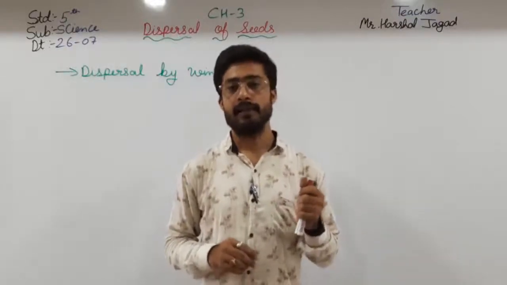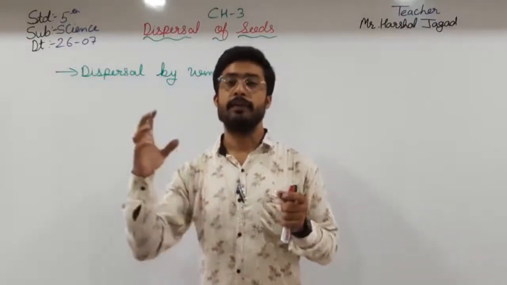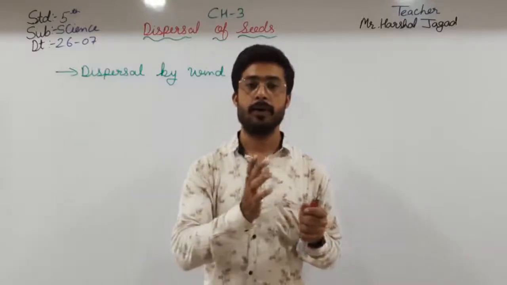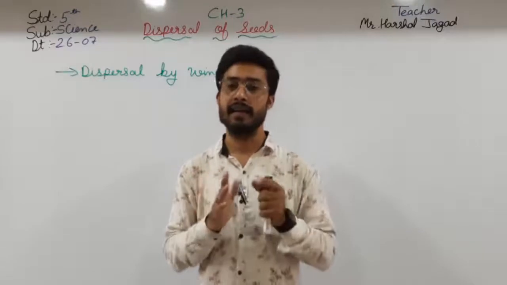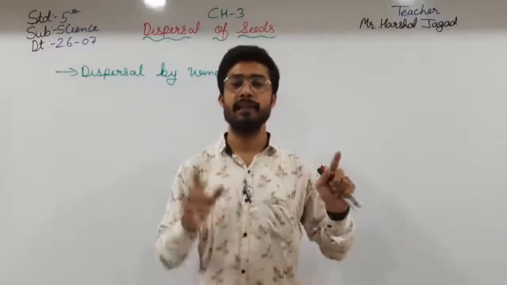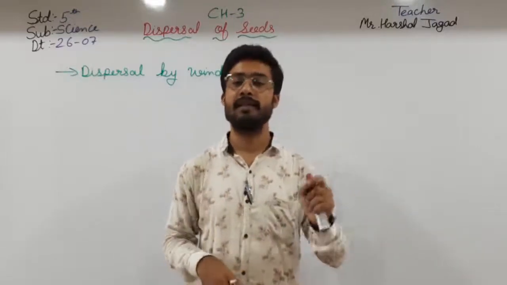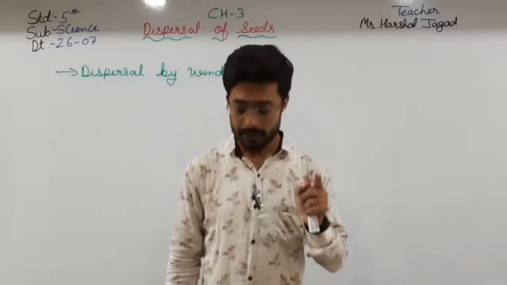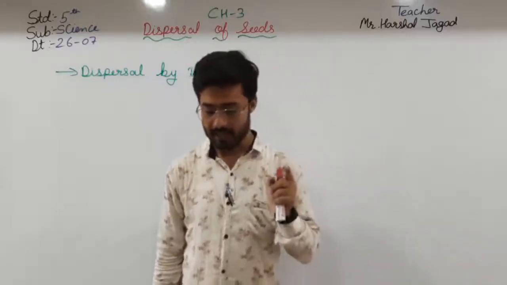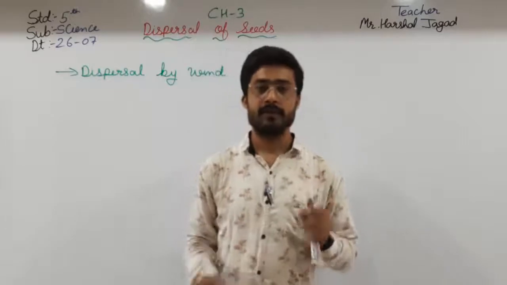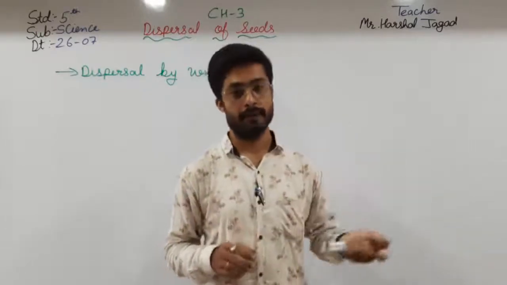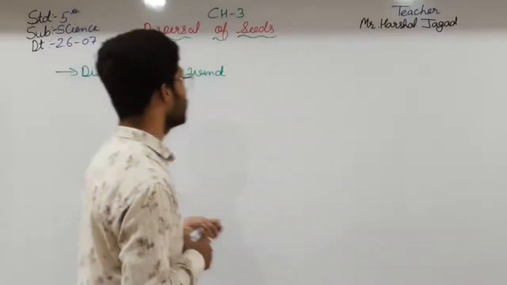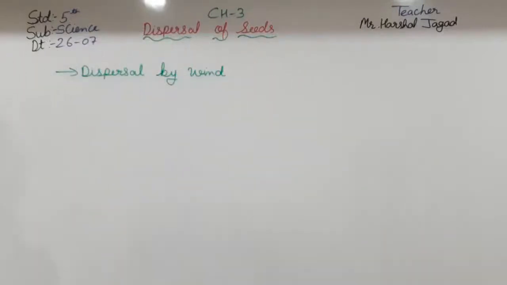Due to the motion of the wind, seeds which are lighter can easily move with the wind, so those seeds are dispersed by the wind. Examples are cotton, dandelion and sky moth. These are examples of seeds that disperse with the wind. Then secondly, dispersal by water.